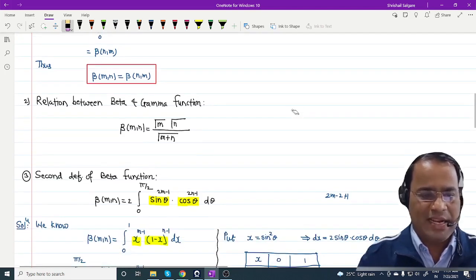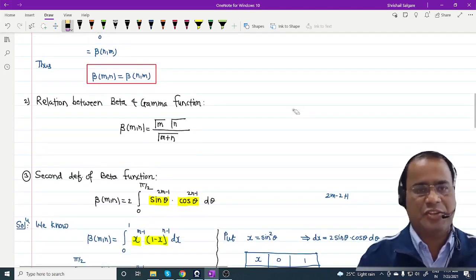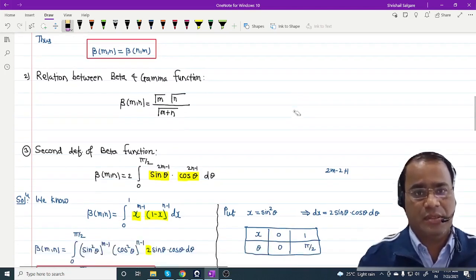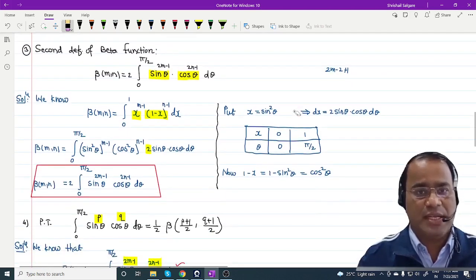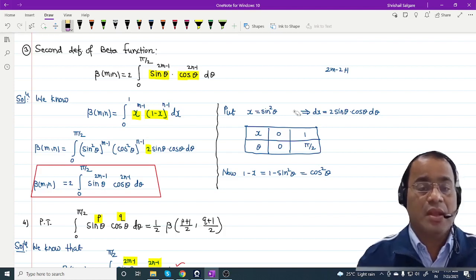Now the second definition, we treat this as the second definition of beta function. What is the use of this? If the integrals are given in terms of trigonometric terms, integral 0 to pi by 2 sin theta raised to p into cos theta raised to q. The nature of the integral is that the limits are from 0 to pi by 2, and the integrand is a combination of sin theta raised to some power into cos theta raised to some power.